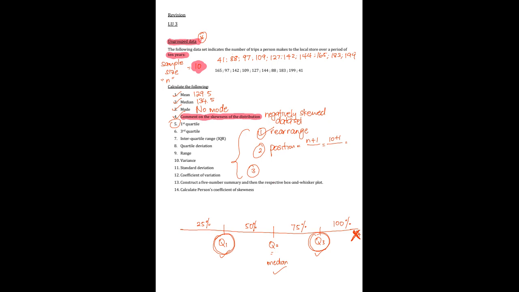So we rearrange the values. We now need to determine the position. And under ungrouped data, the position is calculated as (n+1)/4. This is for your first quartile. Then it's 10 plus 1, which is 11 over 4. And that tells you that the position of your first quartile is the 2.75th value.